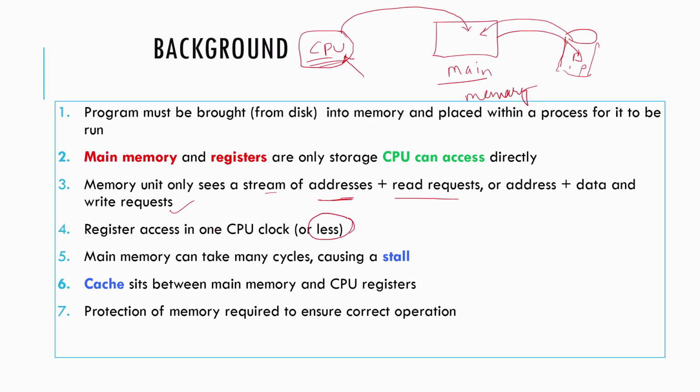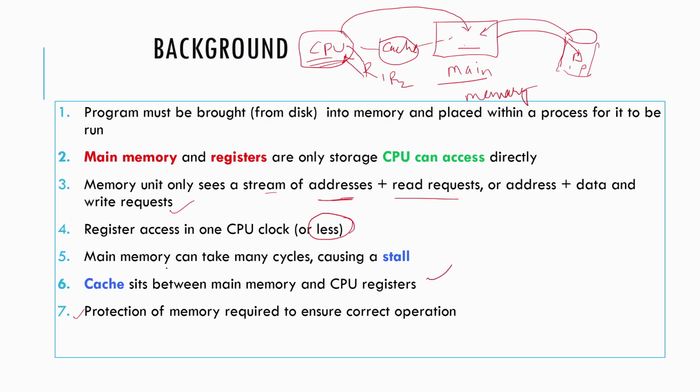Roughly, it is one CPU cycle or one CPU clock. Generally if we say the location, register will be inside, R1, R2, whatever, then cache and main memory. So the cache sits between the main memory and the CPU registers.